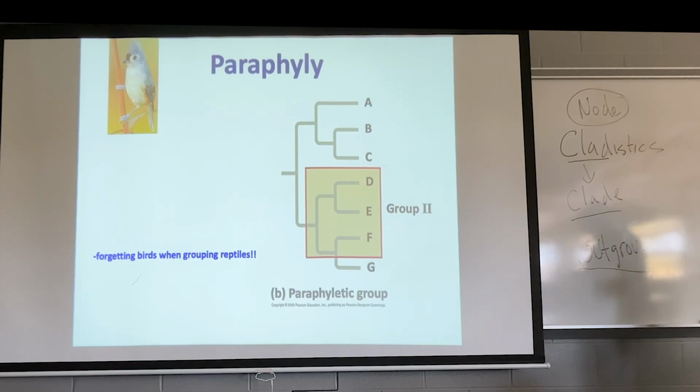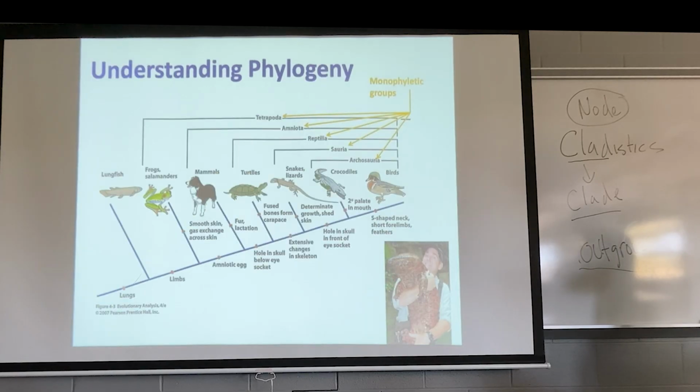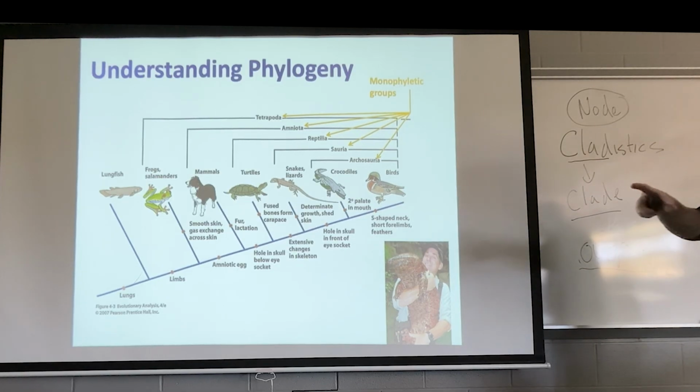So what happens when we don't group them right? And it happens. I mean, it happens. So we might publish a paper, for example, back in the 1970s, they published in '75, '78, something like that. They published a number of papers that said reptiles include these groups. Well, guess what? They didn't include birds. They left birds in their own group.